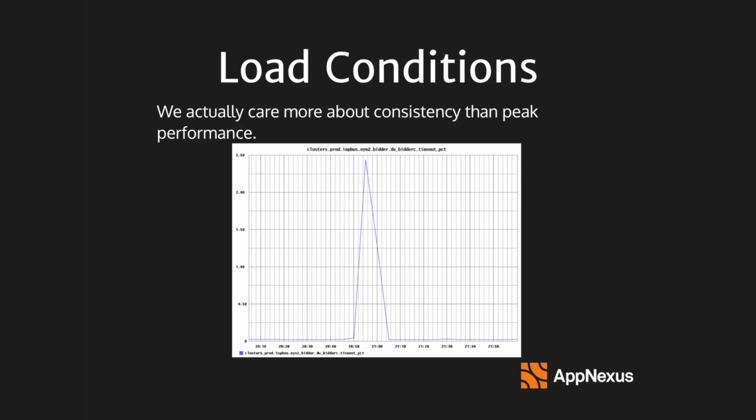But all of a sudden you see it go to 2.5%, and that's bad for us. That means that 2.5 out of every 100 times we're screwing up. No one's making any money on that auction. And this is bad. So we failed as a consistency mechanism here. Maybe performance is great all the time, this line is 0, but if we can't reason about our system, we're not going to be able to do anything meaningful with it.